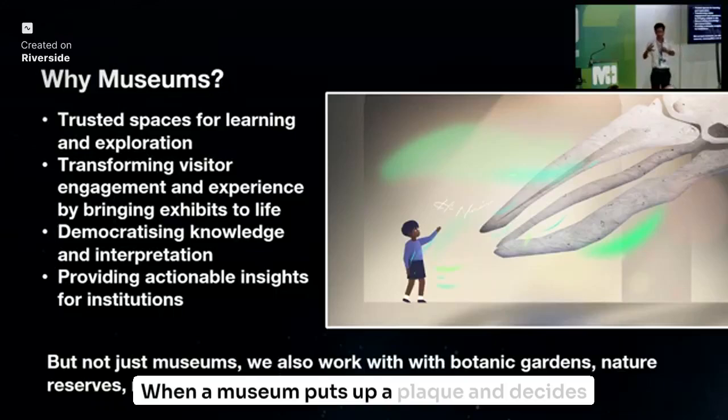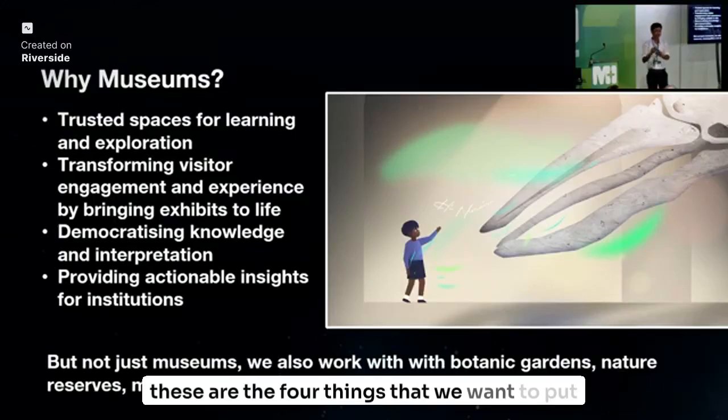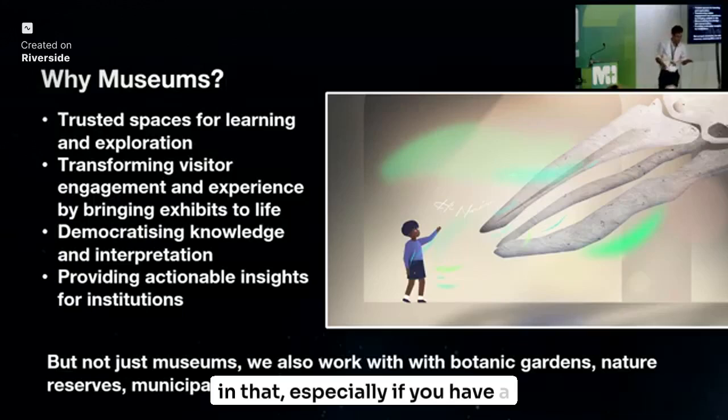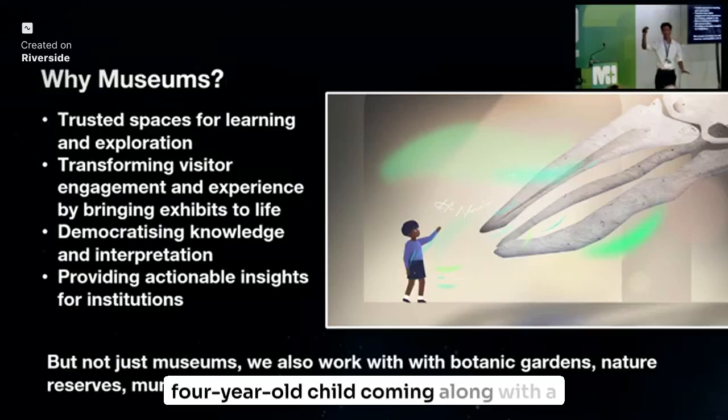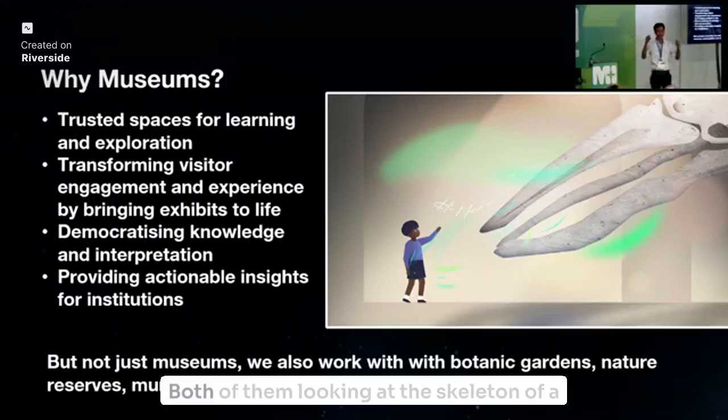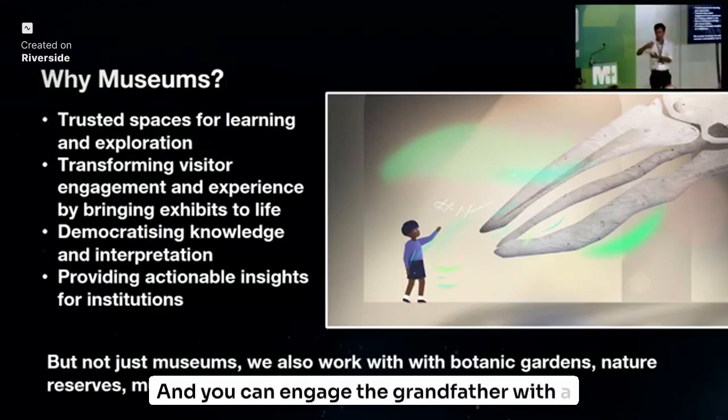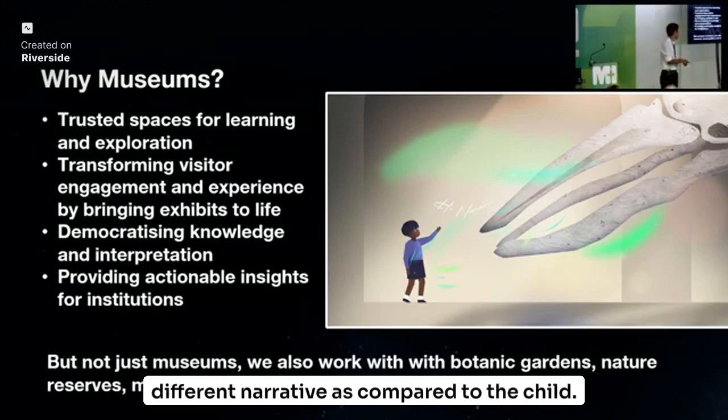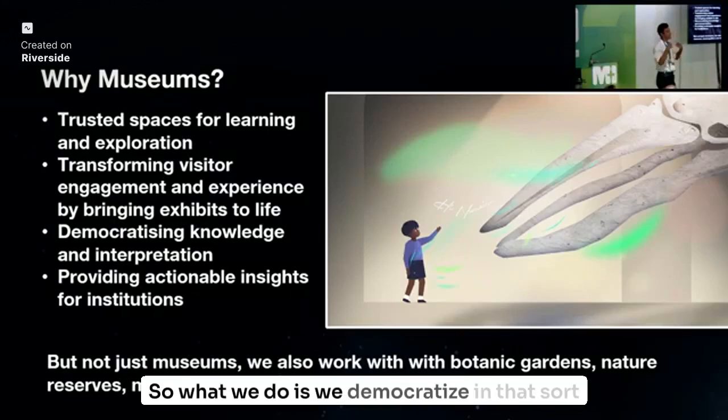When a museum puts up a plaque and decides these are the 4 things that we want to put up, a visitor might not be interested in that, especially if you have a 4-year-old child coming along with a 75-year-old grandfather. Both of them looking at the skeleton of a dodo might not have the same motives. And you can engage the grandfather with a different narrative as compared to the child. So what we do is we democratize in that sort of way that people can ask exactly what they want to know about it.